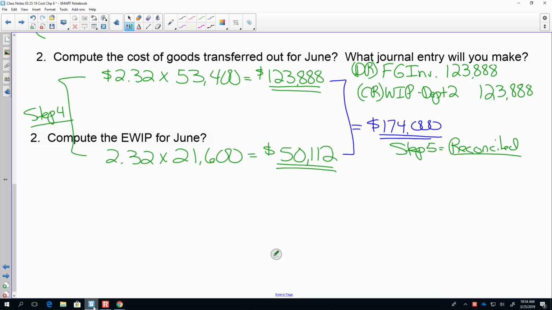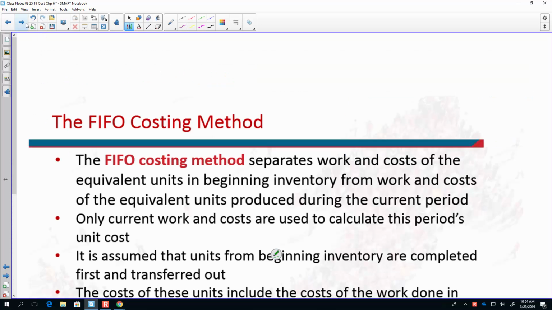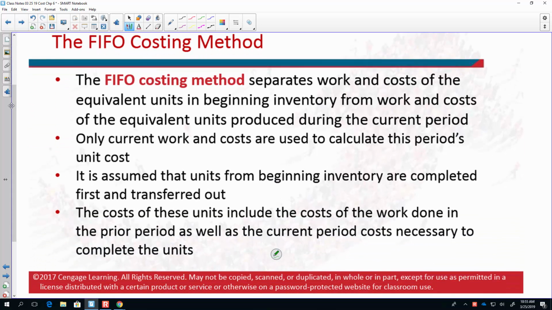Where we left off was the weighted average method. In your packet, the next method that we will do is the FIFO method. Now it talks about the FIFO method a little bit within the chapter, but the majority of it, on page 286, is done in the appendix of the chapter.